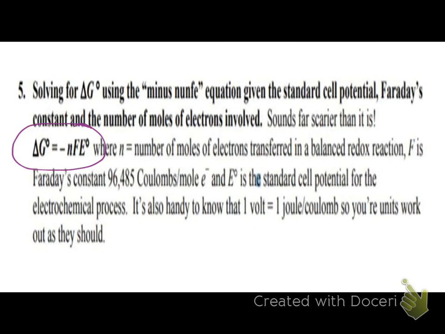We probably may not see this till we get to electrochemistry, but it is Gibbs free energy. F is Faraday's constant per mole of electrons, and E is the standard cell potential for the electrochemical process. I'm hoping that doesn't show up in this unit until we get to electrochemistry, which is our last unit, and then we'll bring delta G back into play.